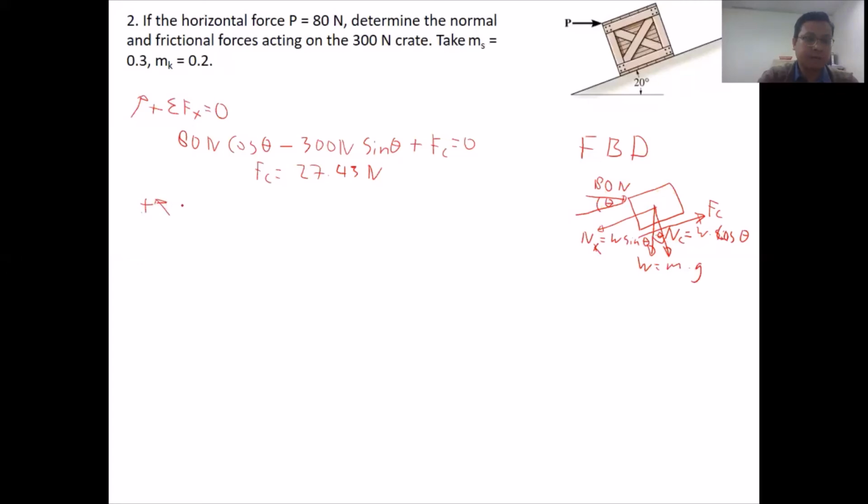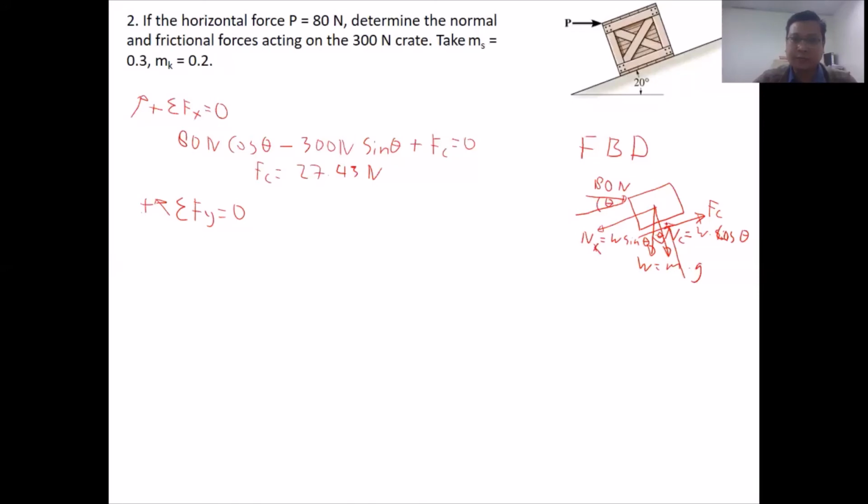In the Y, a certain angle. So how much is it? The NC, actually, this one is not equal to this one. This one is our NC, correct? But this one is my NC. We call another name.